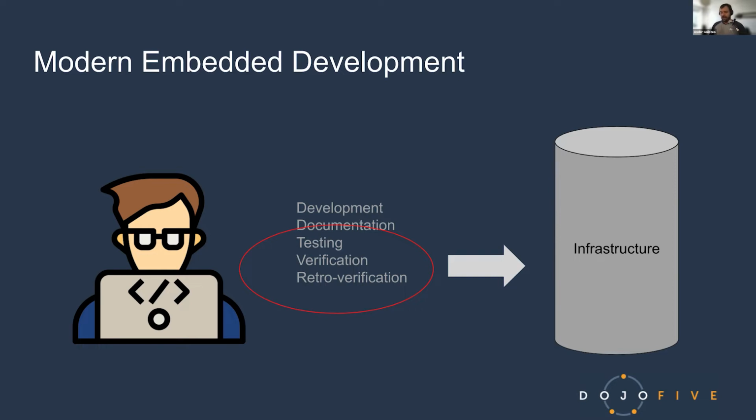So in the past, when we were developing embedded systems, we had to develop them, document them, test them, making sure that they do what they were supposed to do, so verifying them. And something that I think is the most painful thing in the world is to retro verify them. So basically, you are working on a feature, you make sure that the feature is working, but you also need to make sure that your feature doesn't break anything else.